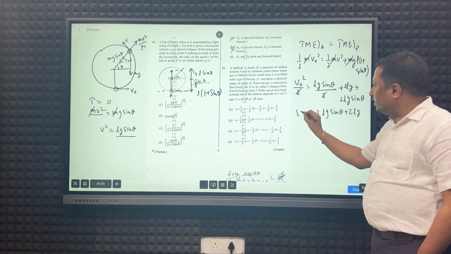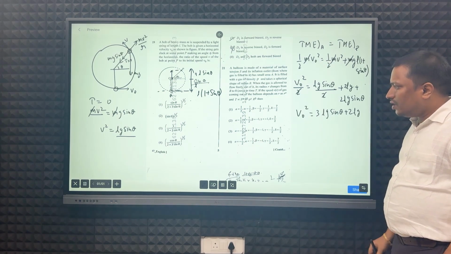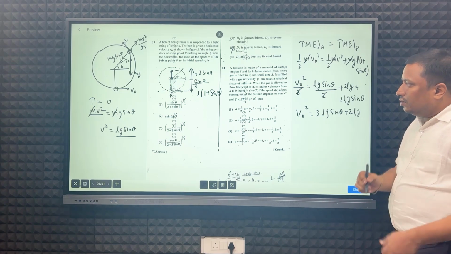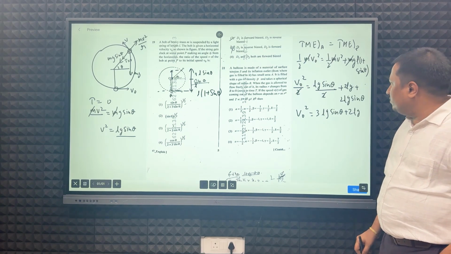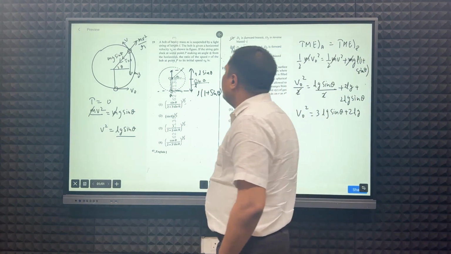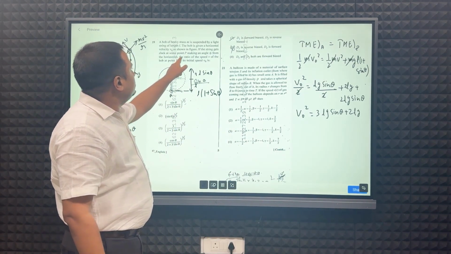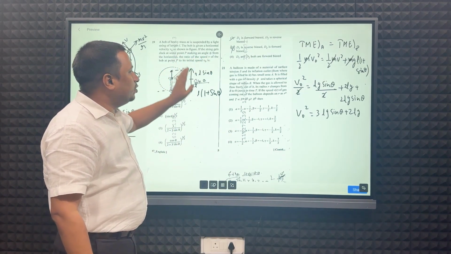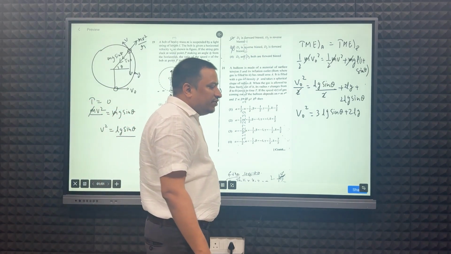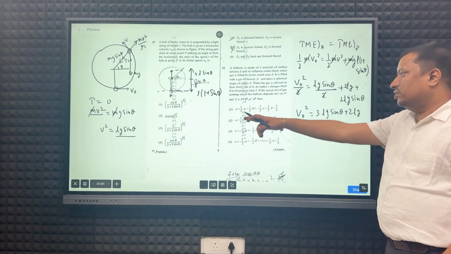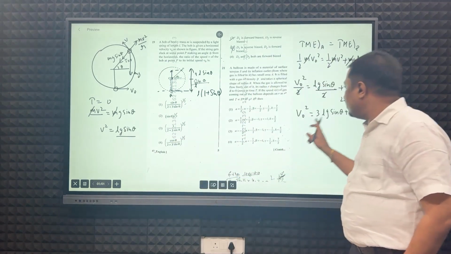Now from here we have V naught square. They are asking what will be the V naught value in terms of the ratio of speed V and V naught. Oh, they are not asking for the V naught value, they are asking for V by V naught. This is our V, this is our V naught.